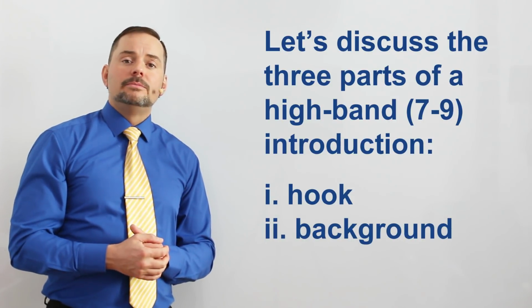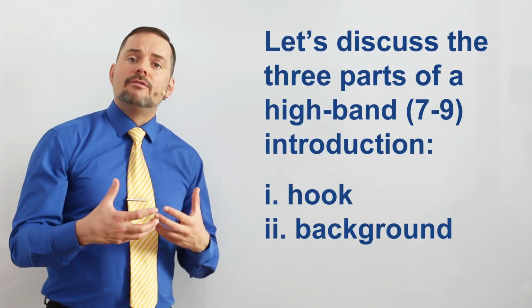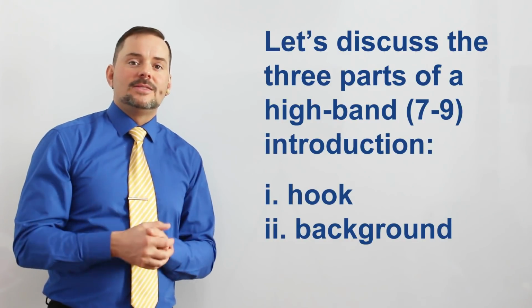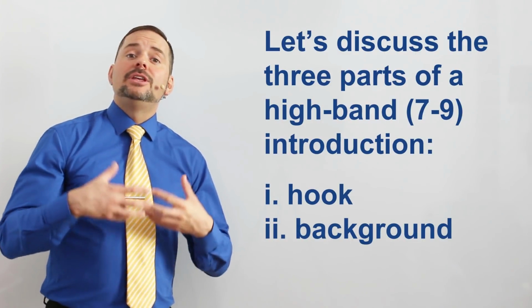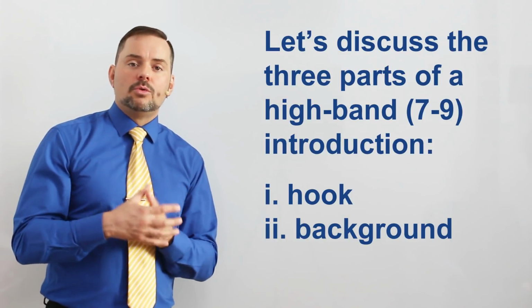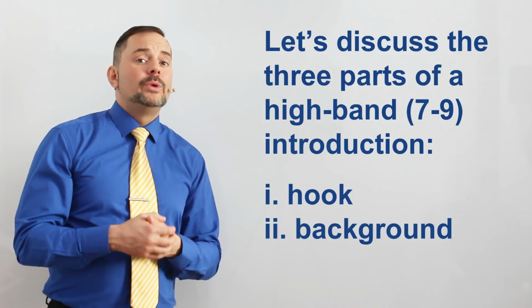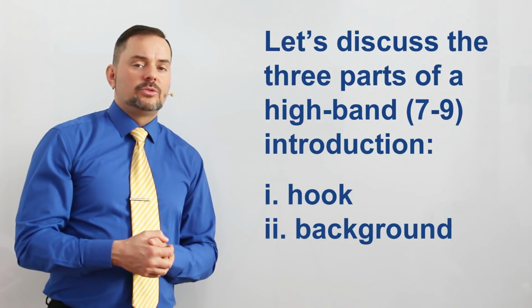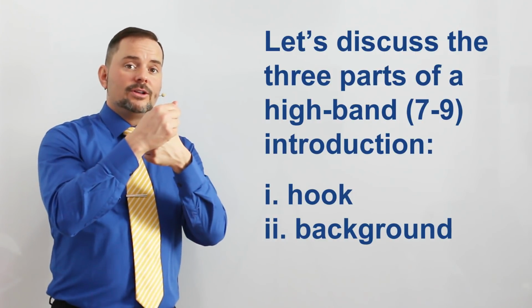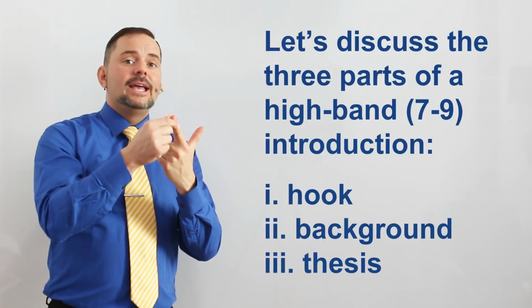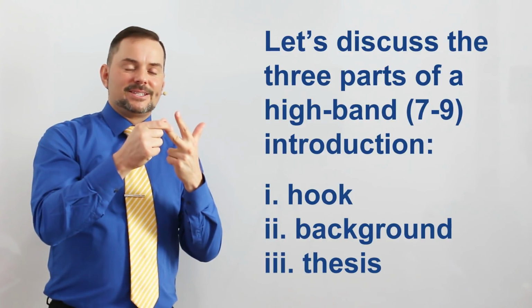The background means the definition of what you are discussing in the essay and the importance of what you are discussing in the essay. So let's recap. A good introductory paragraph should have a hook, followed by a background, and then a thesis.